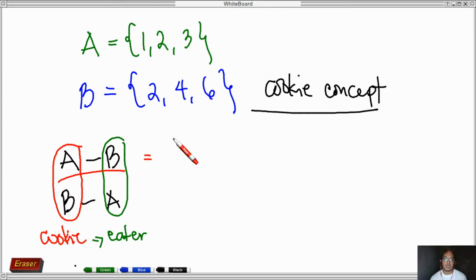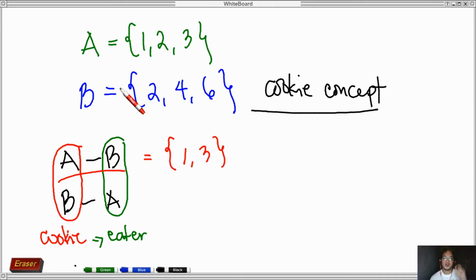Then the difference of A and B is 1 and 3. Because 1 and 3 are the elements that are not eaten, that are left after element 2 is eaten by B. Meaning, it was eaten, so it disappeared. So what is left is only 1 and 3.